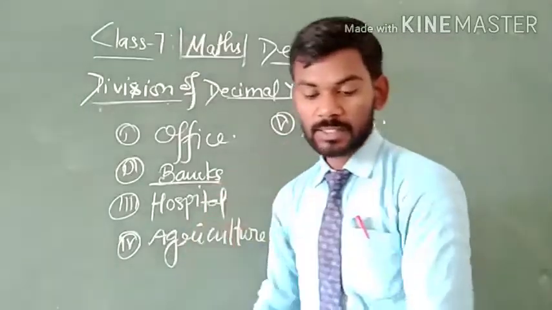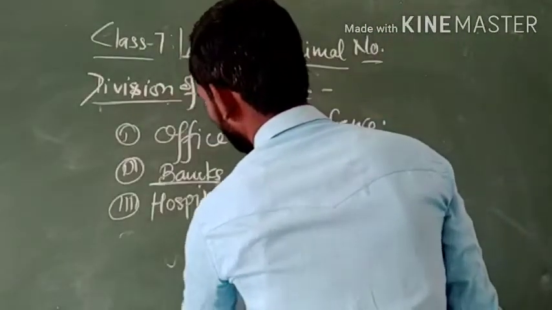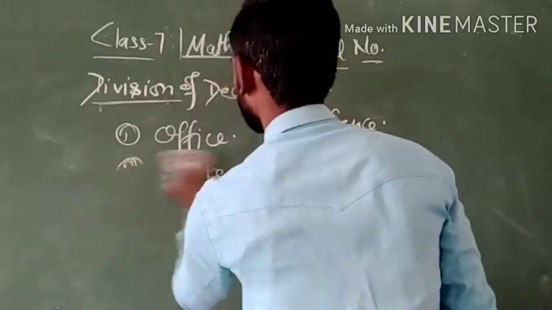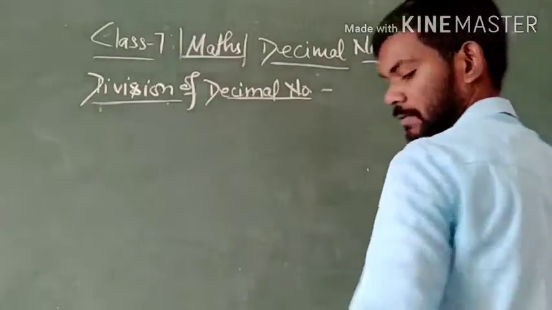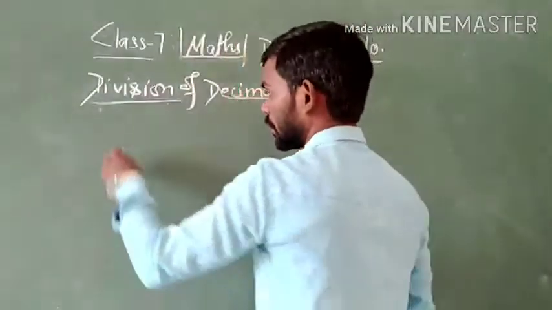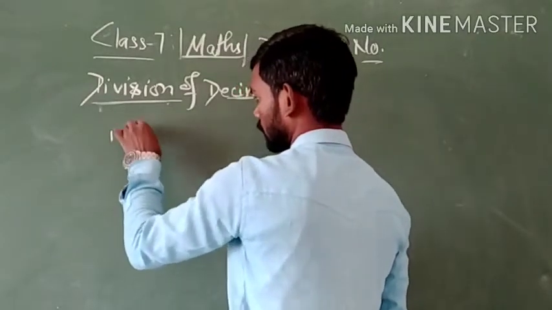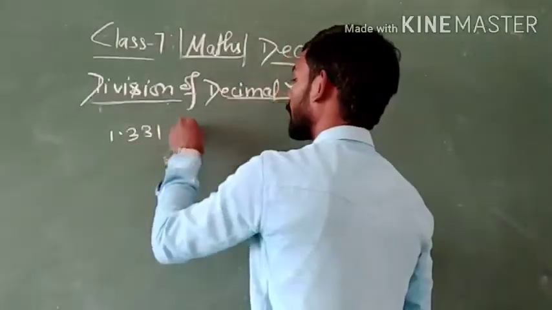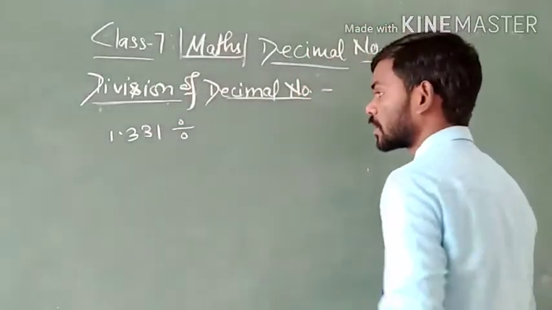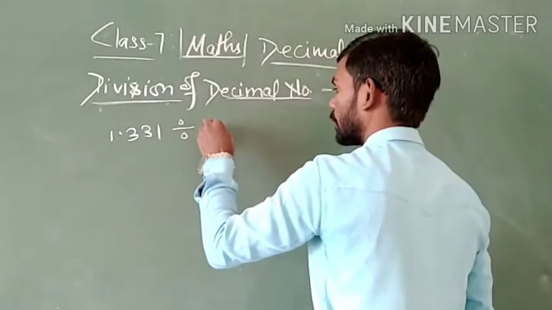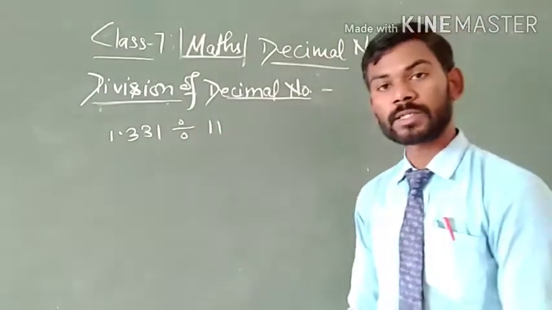Now, we shall discuss the division of decimal number as explained in the syllabus. So let us see. The division of decimal number is generally carried out by the general method of division, as we have learned in our previous classes.